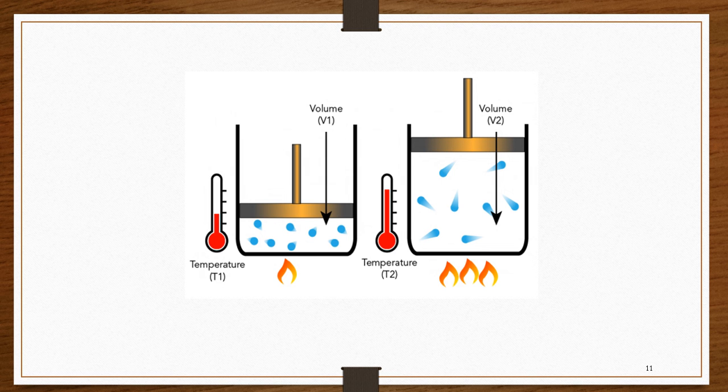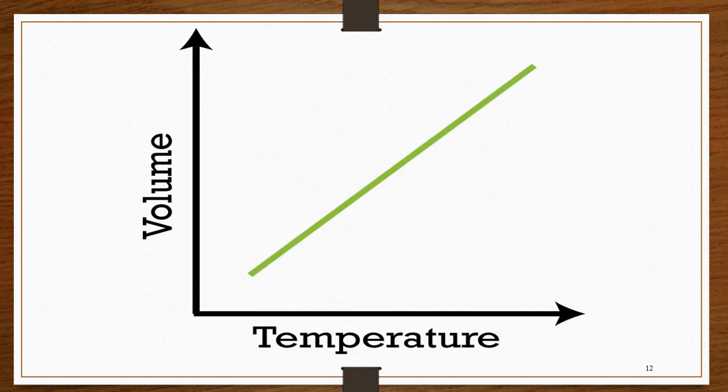When one increases, the other one increases. When one decreases, the other one decreases. And we have this simple illustration of a graph whereby on the y-axis we have volume and on the x-axis we have temperature. With increase in volume, there is increase in temperature. With decrease in temperature, there is decrease in volume. And that is what we are talking about.